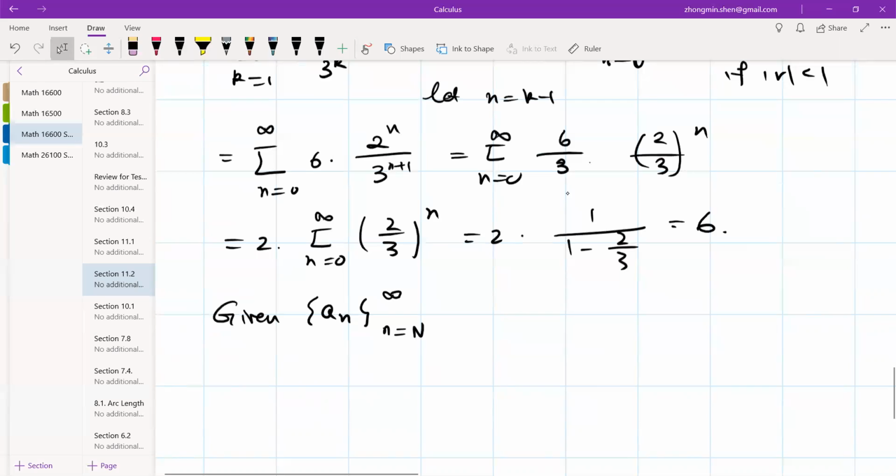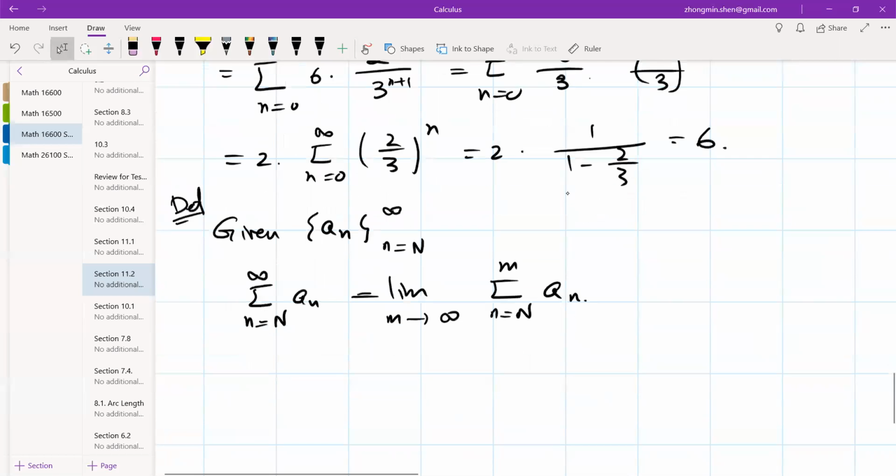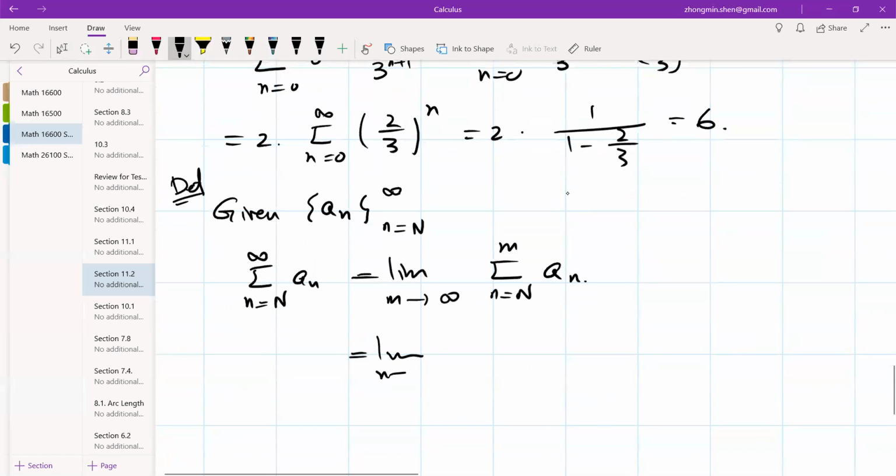By definition, the notation sum from n equals capital N to infinity of a_n is the limit, as m approaches infinity, of the finite sum, in other words, a_N plus a_(N+1) up to a_m.